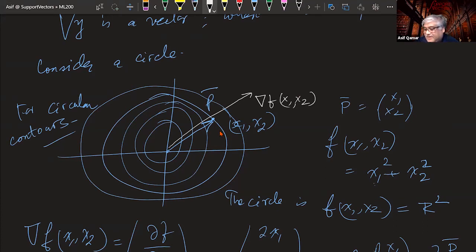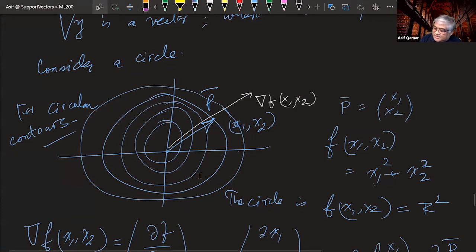Does the value of f increase as you go in the direction of the gradient? Like, does the radius increase as you go outwards in the direction of the gradient, or decrease? Increases, isn't it? In fact, it increases the most. Perpendicular to the gradient are, of course, the constant surfaces.